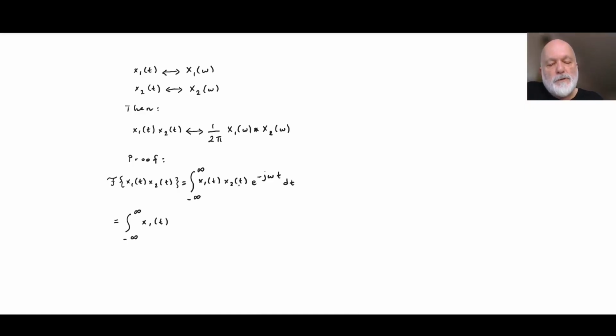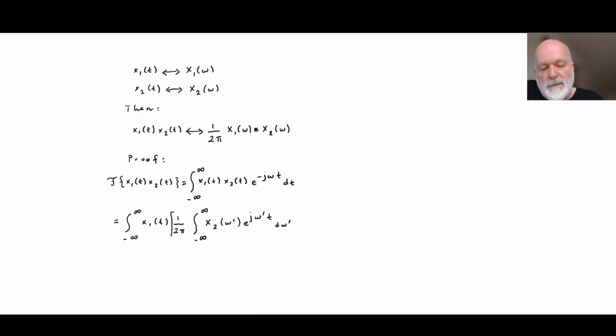We can express x2 of t by means of the inverse Fourier transform relation. So it is 1 over 2 pi from minus infinity to plus infinity, x2 of, since we have omega as well in the original expression, let us use a different variable, omega prime. x2 of omega prime e to j omega prime t d omega prime.